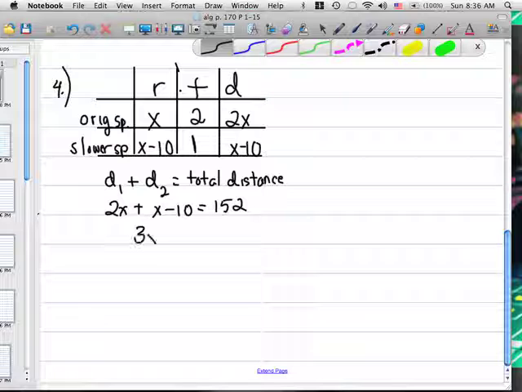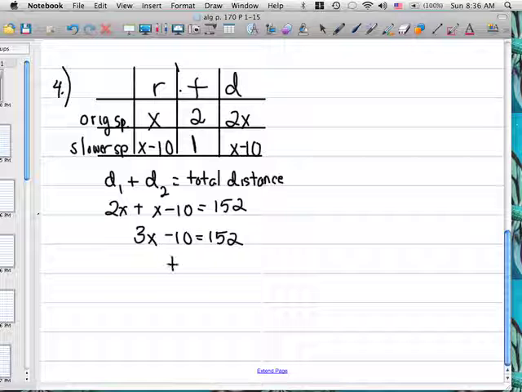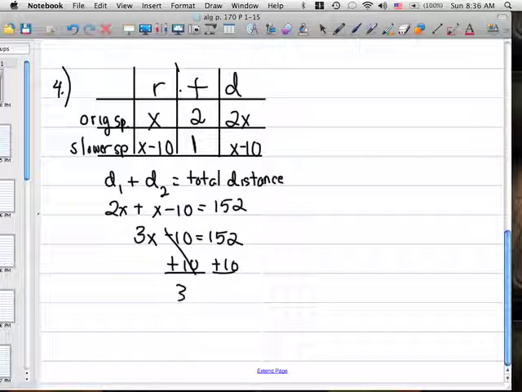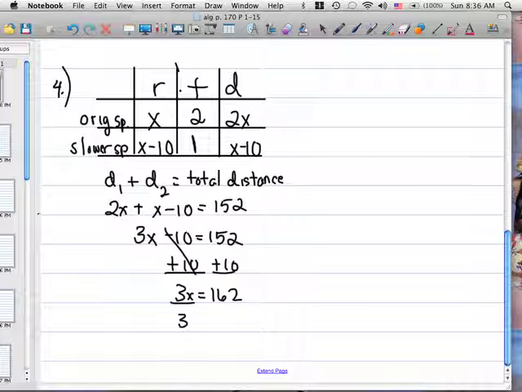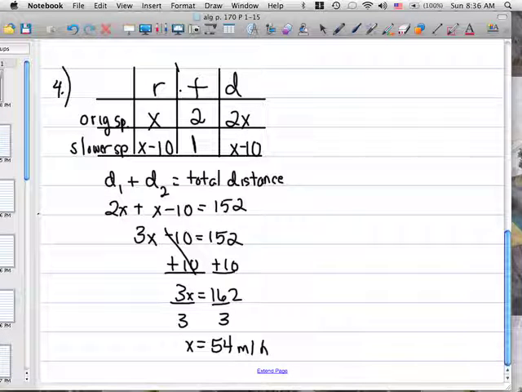Collecting like terms, we get 3x minus 10 equals 152. Add 10. We get 3x equals 162. Divide by 3, and x equals 54 miles per hour is her original speed. And they wanted to know her original speed, so that's it.